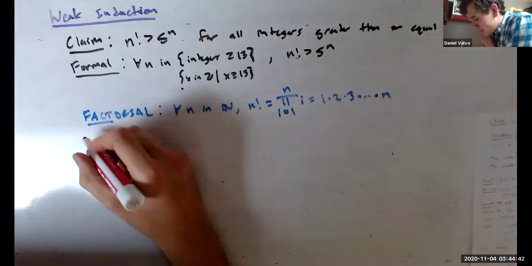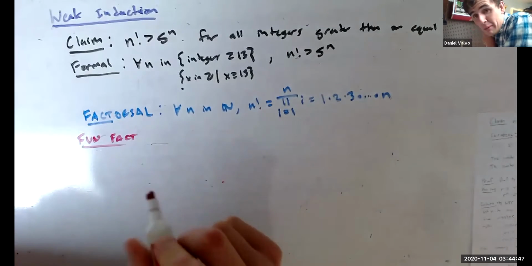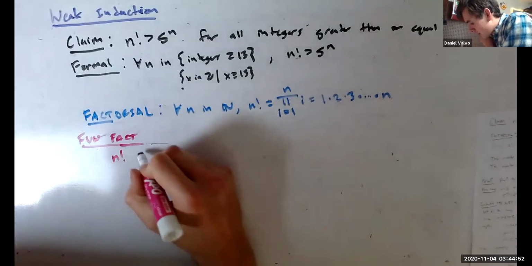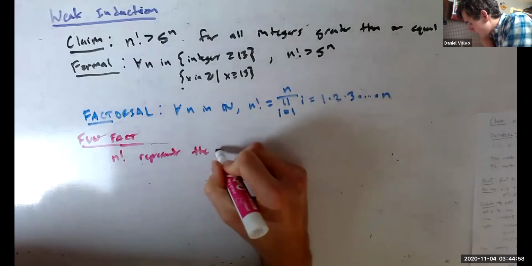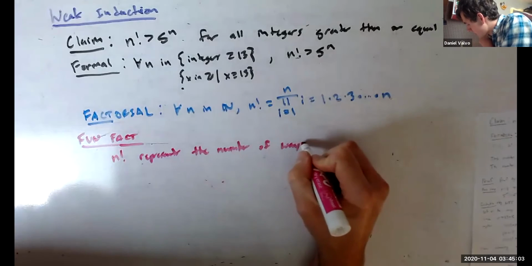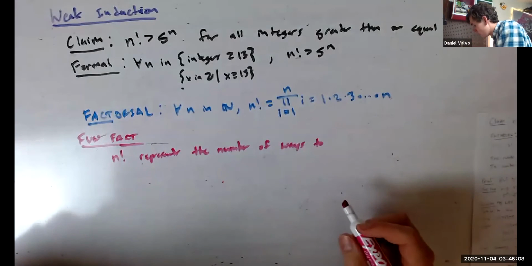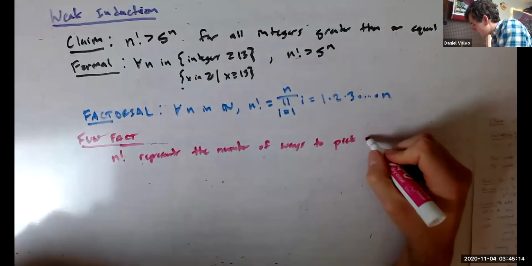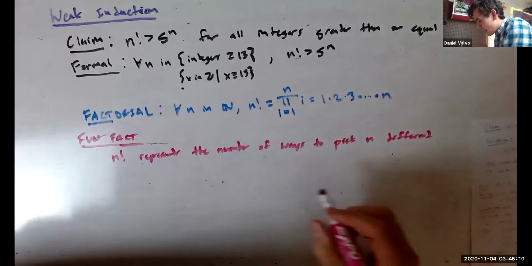Fun fact about factorials, and you guys will learn this next semester if you take combinatorics, which I highly recommend, really fun class. The fun fact is that n factorial represents the number of ways to pick n different items out of a hat.